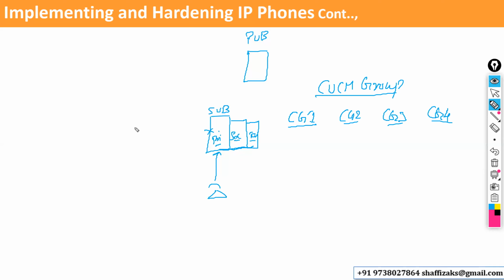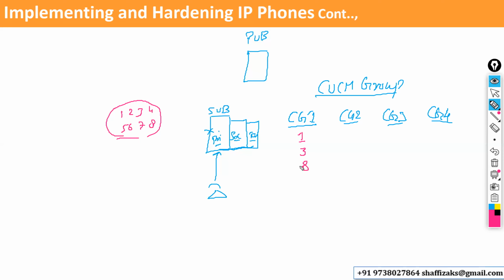Totally, how many subscribers do we have? We have 8 subscribers: 1, 2, 3, 4, 5, 6, 7, 8. Now in this group, you have to place the subscriber servers. In a single CUCM group, a maximum of 3 servers. For example, subscriber 1, subscriber 3, subscriber 8.